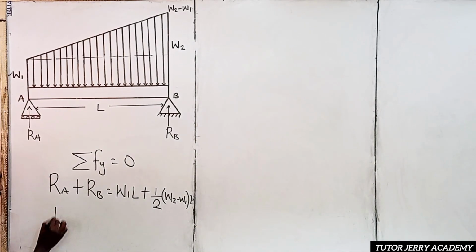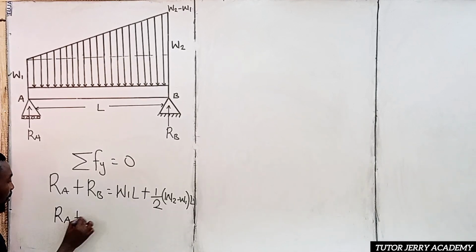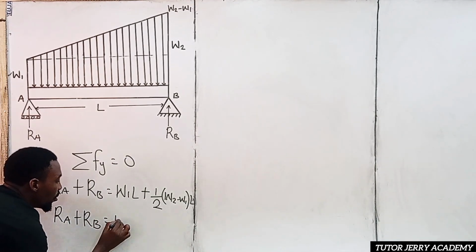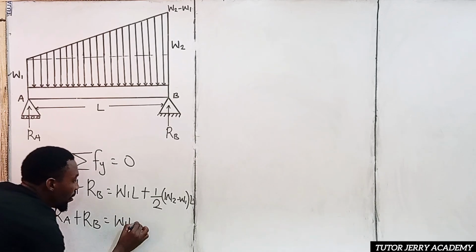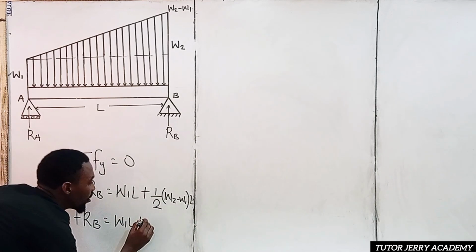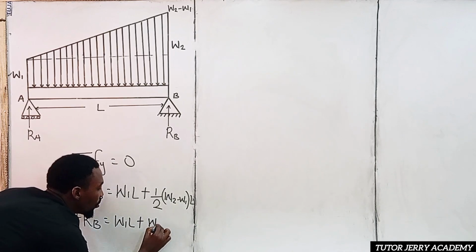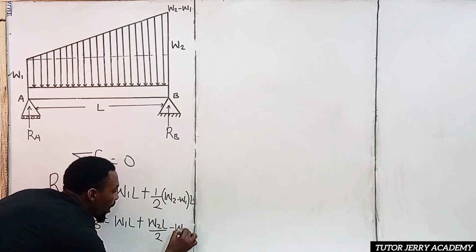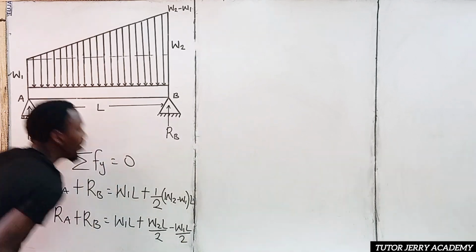You can say that R subscript A plus R subscript B equals W1L plus, if you open the bracket, W2L all over 2 minus W1L all over 2.